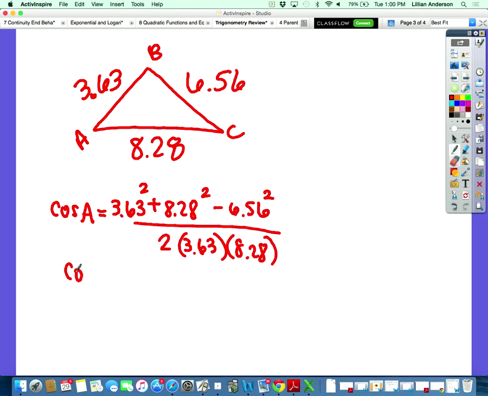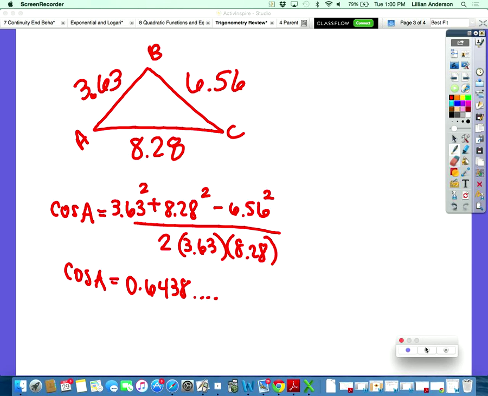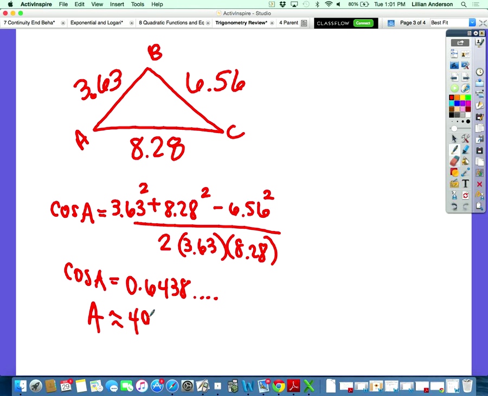So then I will type this in, and I will get a number. Alright, so you should have gotten about 0.6438 and some change. You take the inverse, and A is about 49.9 degrees, rounding to 3 significant figures. And that's angle A.